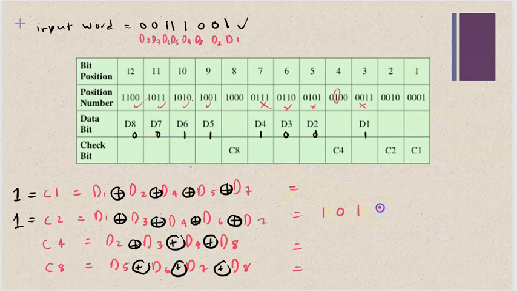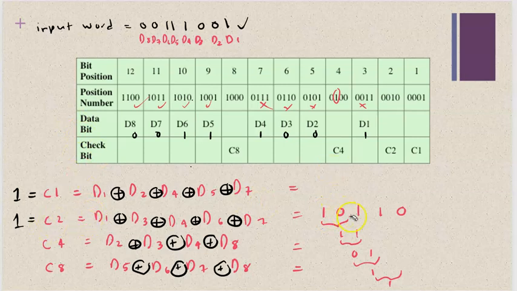So that is 1 and 0. So 1 and 0 would give me a 1. 1 and 1 would give me a 0. 0 and 1 would give me a 1, and 1 and 0 would give me a 1. So C2 would be 1 as well.